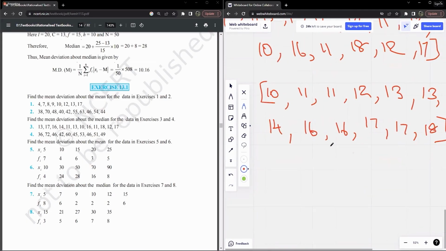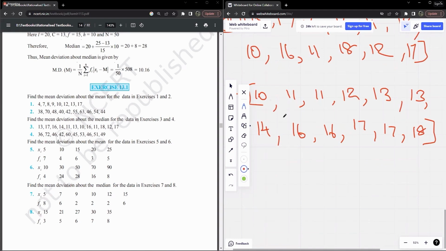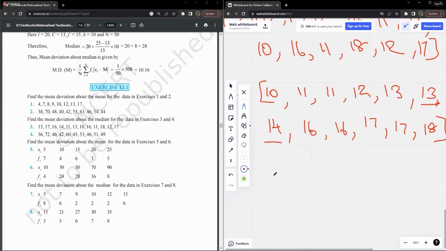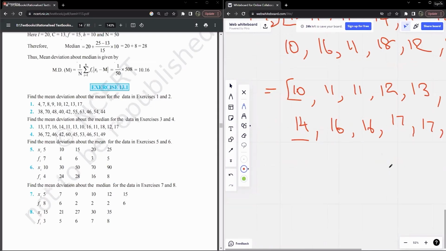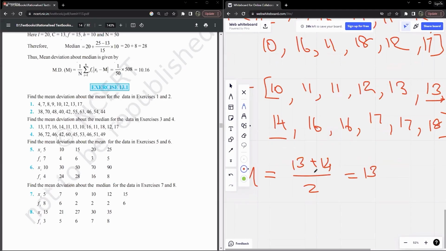So I can basically see that for this data set, the two central values are 13 and 14. Since this is an even number data set, the median is going to basically be the mean of these two values. So the median, capital M, is going to be equal to 13 plus 14 divided by 2, that is going to be equal to 13.5. And that's the measure of central tendency that we're going to be using.